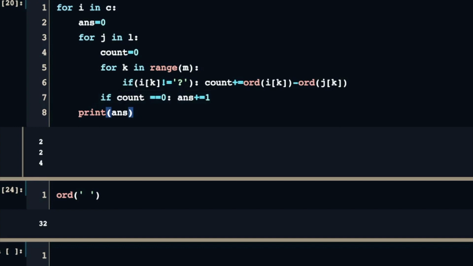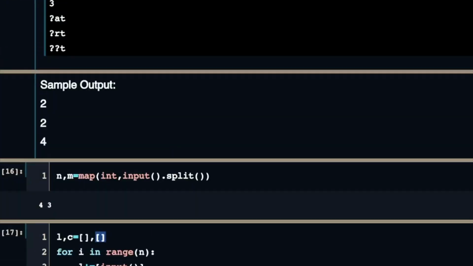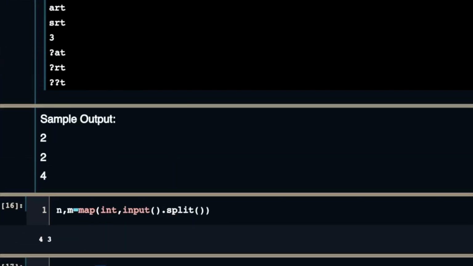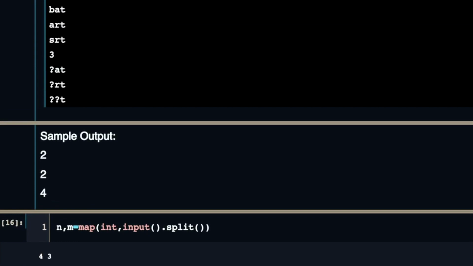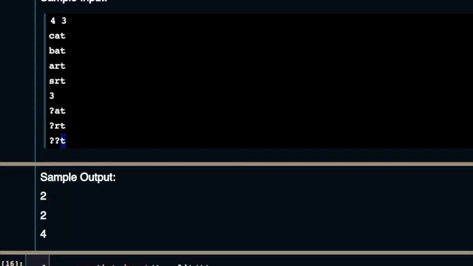Let's come to the last one, question mark T. So it disregards both the question marks and it has only one character, T. So it just checks T with all the dictionary words, and all the words are a perfect match for T. All the words end with T, and they have T in the third space.